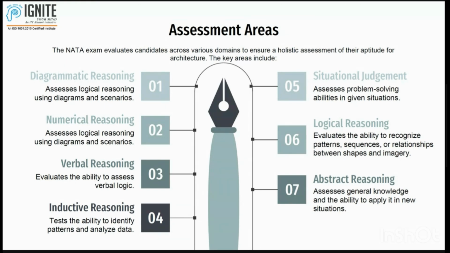It evaluates your ability to recognize patterns, sequences, or relationships between shapes and imageries, which is fundamental for architectural design. And the seventh one is abstract reasoning. It tests your ability to apply general knowledge to new, unfamiliar situations, a skill that is crucial for innovative thinking in architecture.